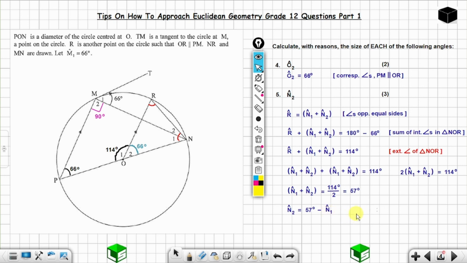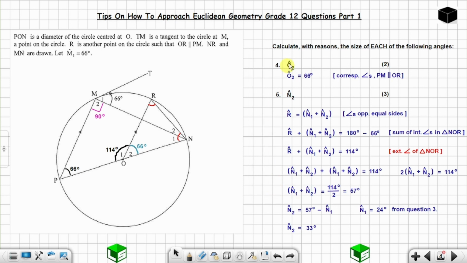Remember, N1 is equal to 24 degrees. This is from question 3. So N2 is equal to 57 minus 24. This is equal to 33 degrees. So this is how you can find the angles giving reasons.